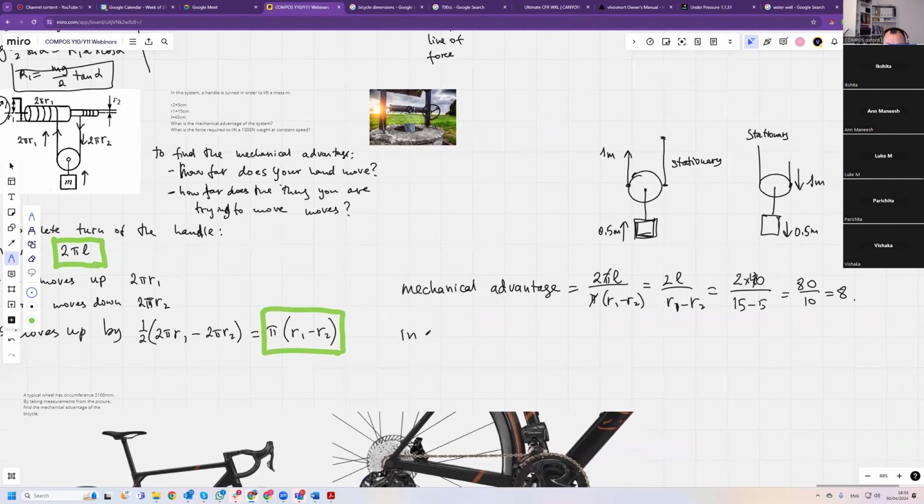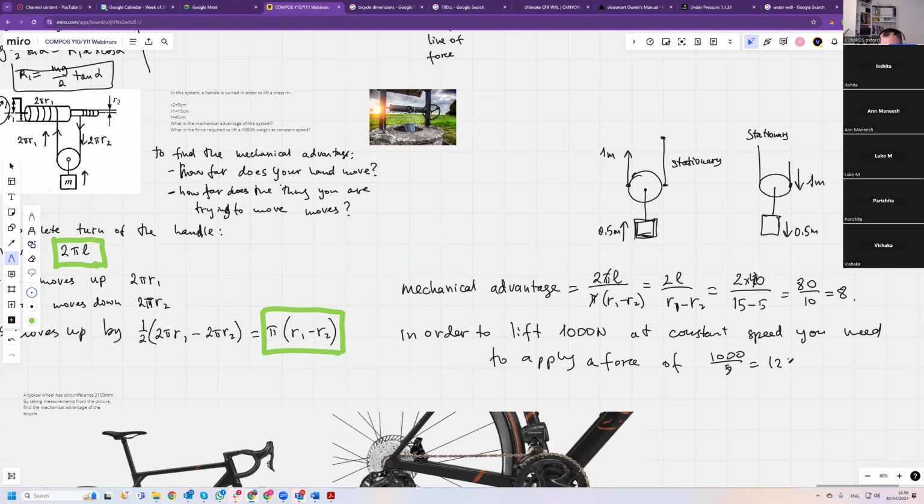So in order to lift 1000 newtons at constant speed, you need to apply a force of 1000 divided by 8, which is 125 newtons.